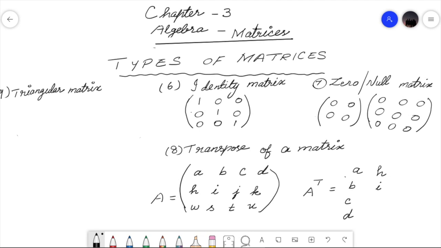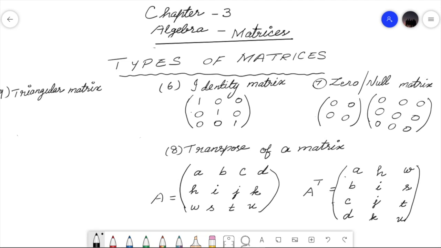And your third row is W, S, T, U. That will be taken as the third column. W, S, T, U. The bracket, that is the matrix. Clear, ma?